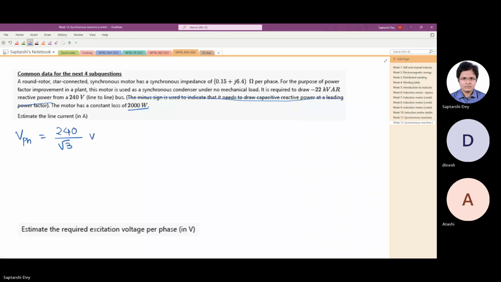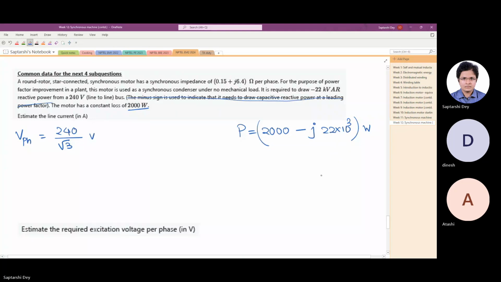So the power P that is drawn by the motor is 2000 minus j 22 times 10 raised to the power 3, this much watt. Understood? This is the power drawn by the motor.